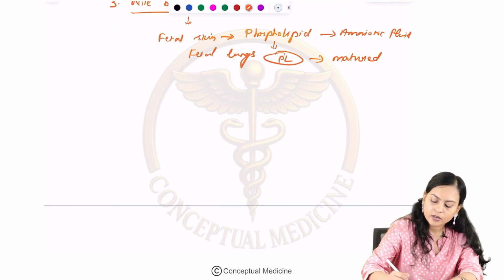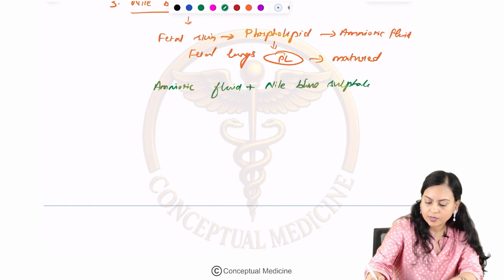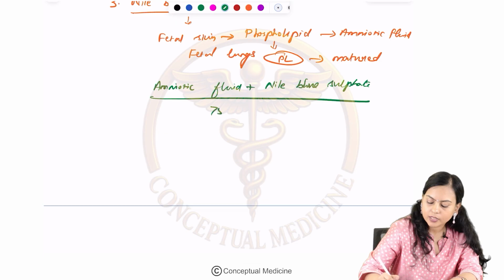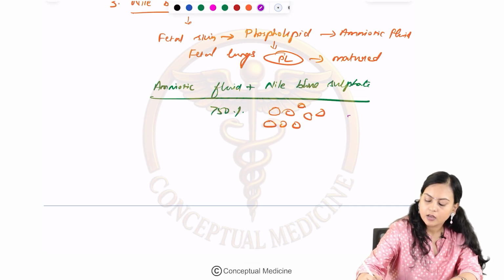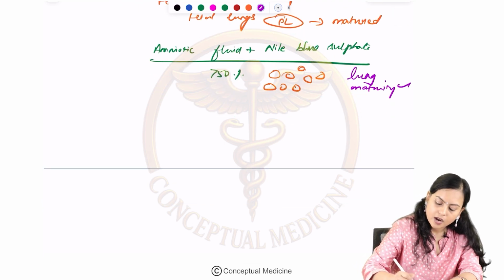Okay. So here we will be taking the amniotic fluid and we will be adding Nile blue sulfate. Suppose more than 50% of cells become orange in color, then lung maturity is obtained.